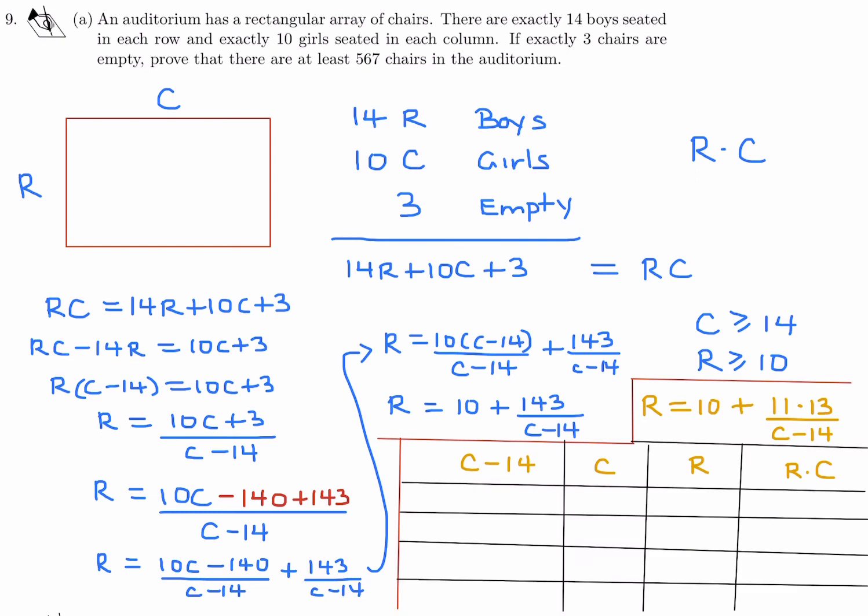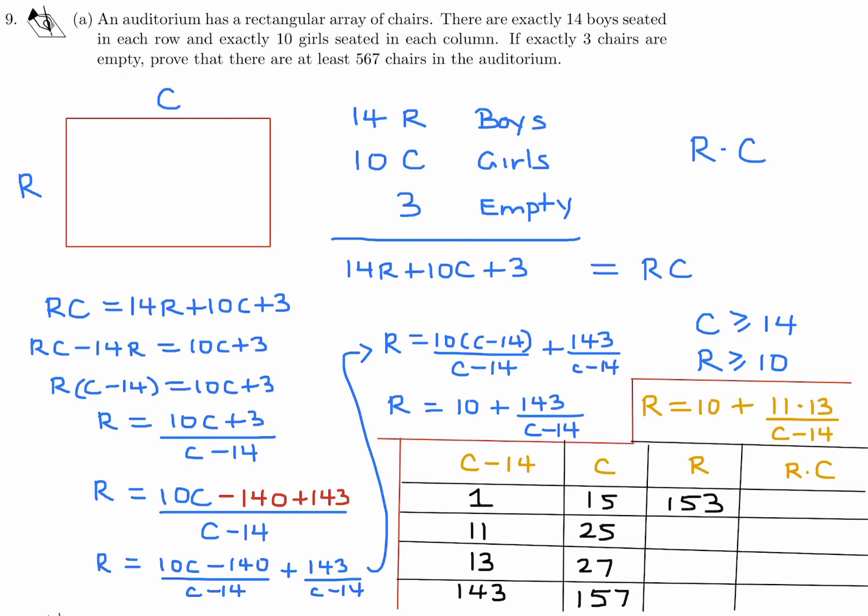Well, C minus 14 could be 1, right? That would divide 143. C minus 14 could be 11. That would divide 143. It could be 13, or it could be 143. If C minus 14 is 1, C will be 15. And if it's 11, C will be 25. If it's 13, 27, and 143, 157, right? Now R, to get R, we have to substitute our value for C back into there, or C minus 14, probably a little faster.